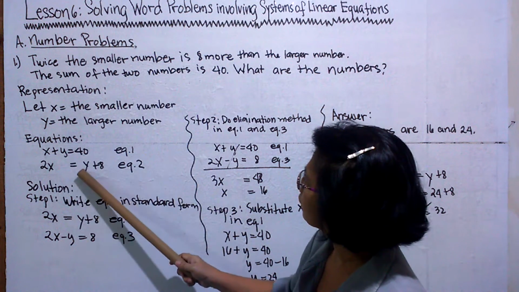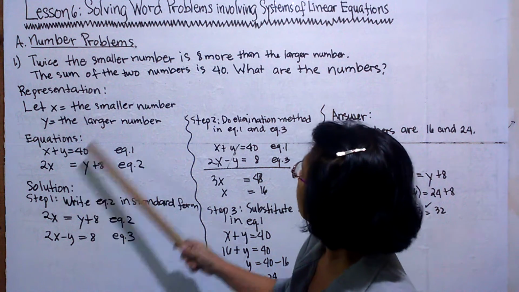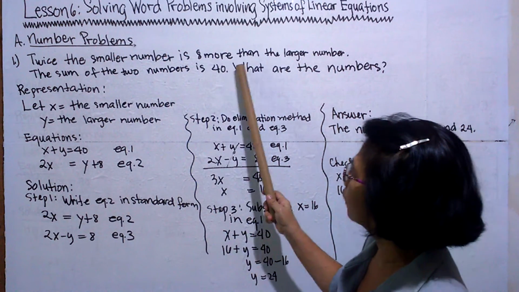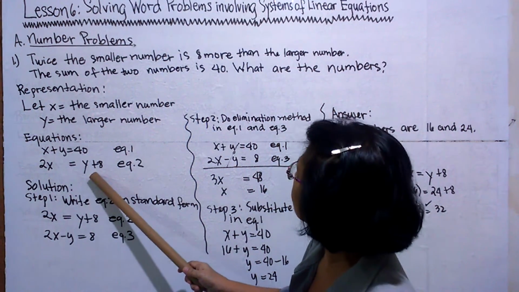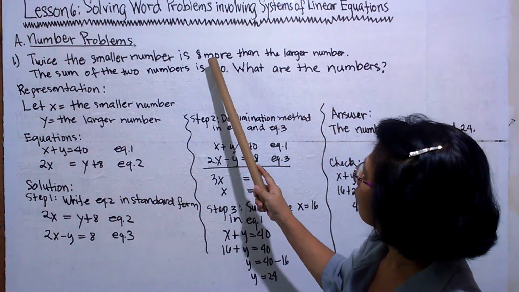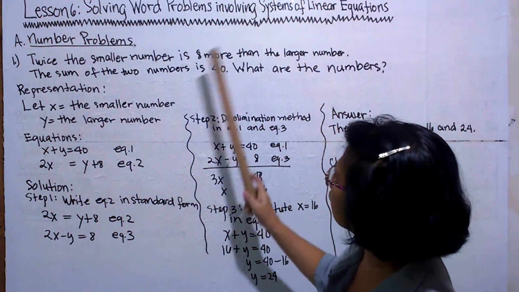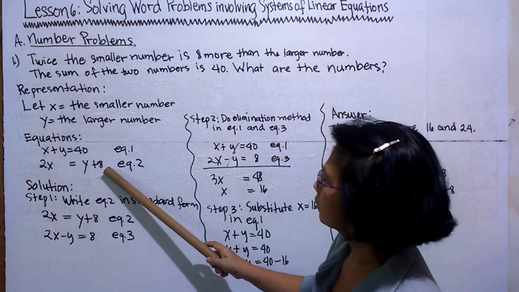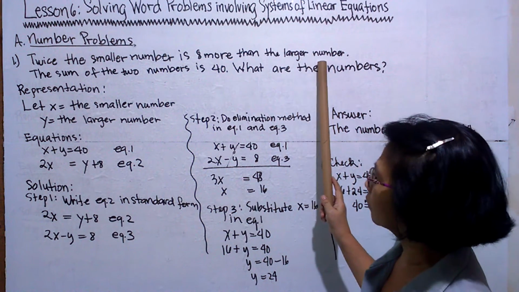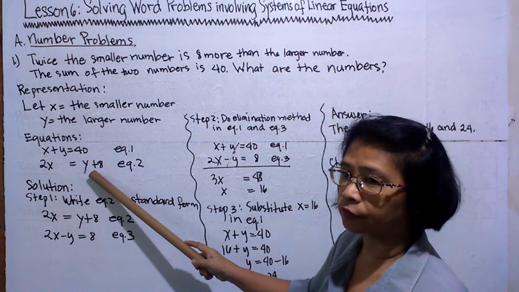"Is" you have to write what? An equal sign. With the phrase "more than", you have to write a plus sign. With this expression, the first number here, 8, should be written last, and the larger number, which is y, should be written first.